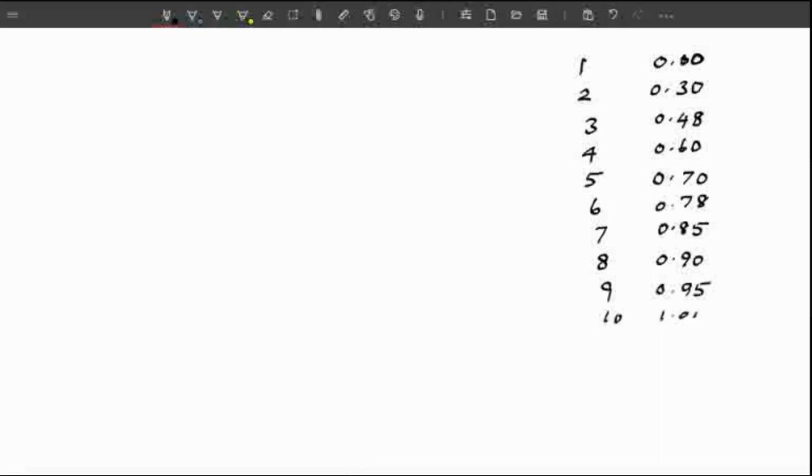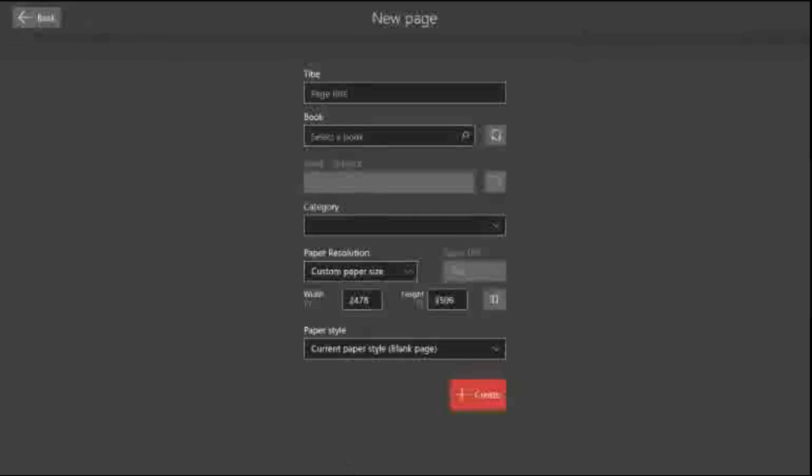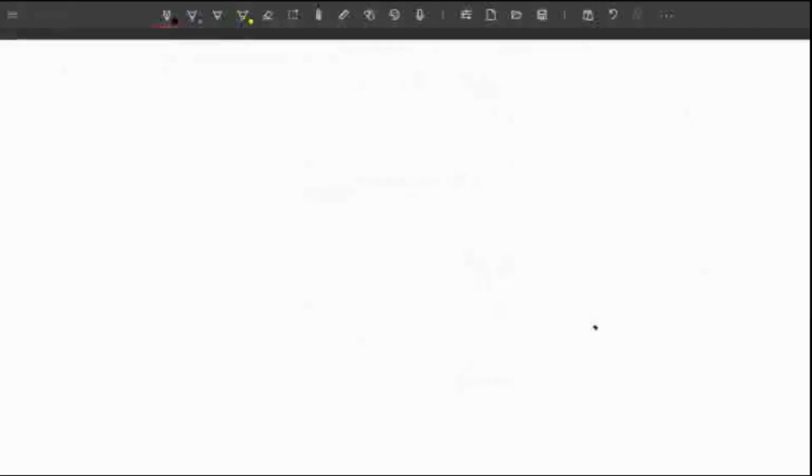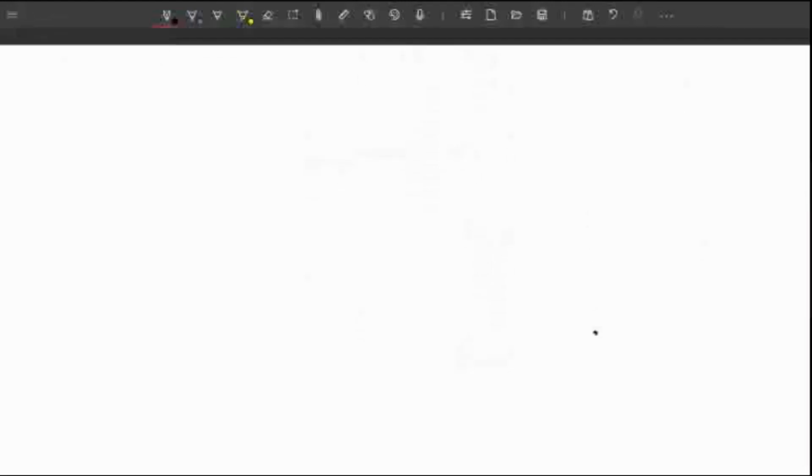But we are not going to use this one, or you can make use of this one. You know there is a ready reckoner, is it not?